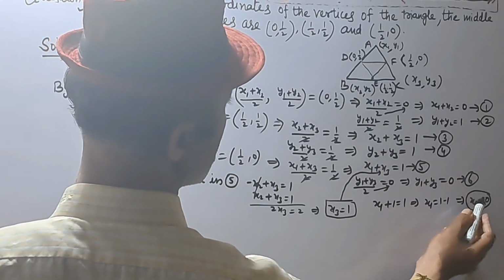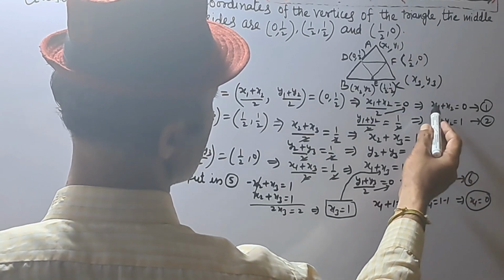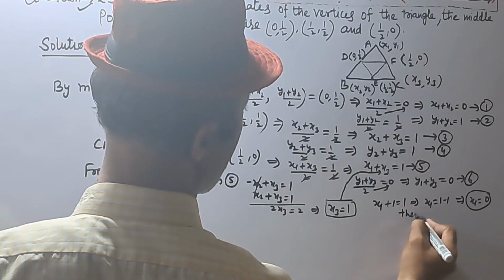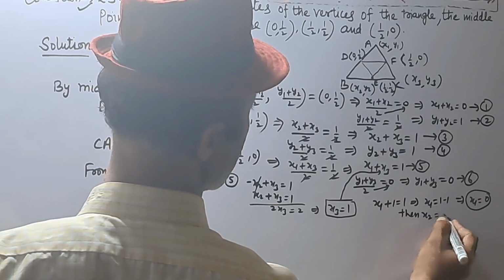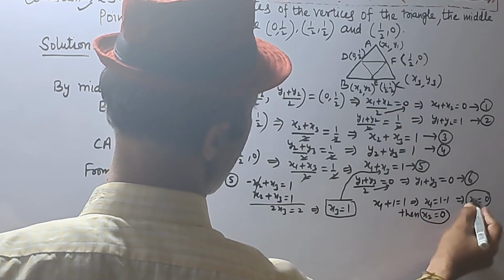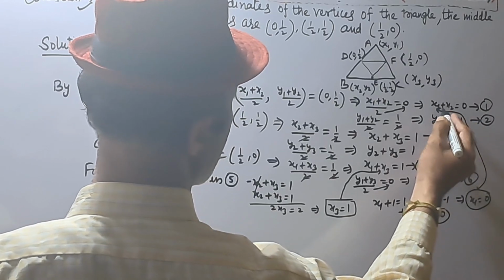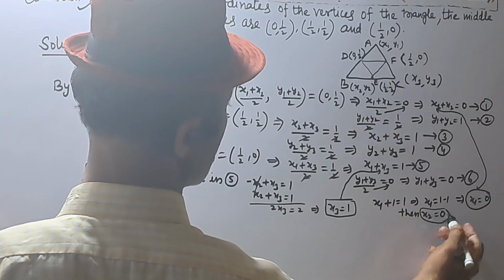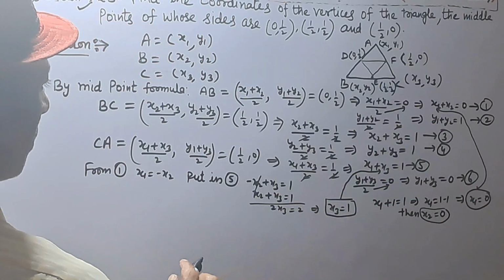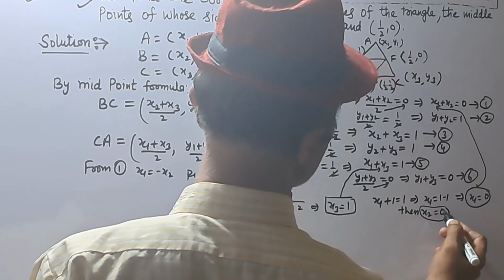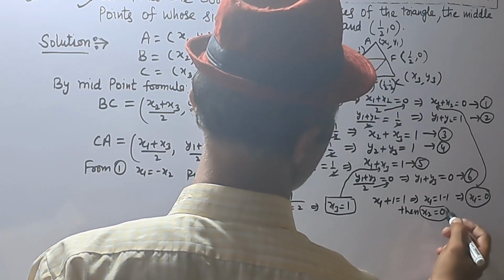We are putting x1 equal to 0 in equation first, then x2 is equal to 0. So x1 equal to 0, x2 equal to 0.